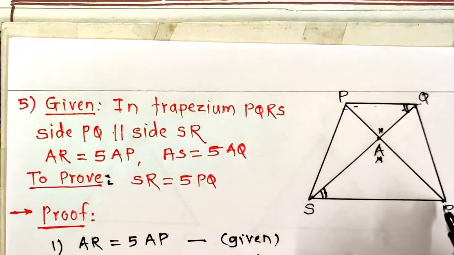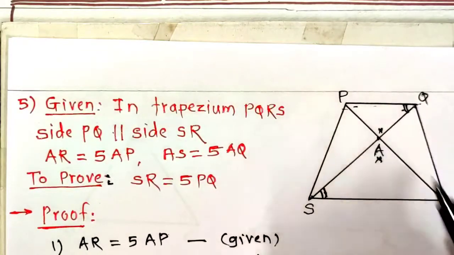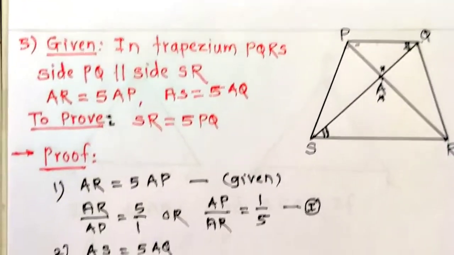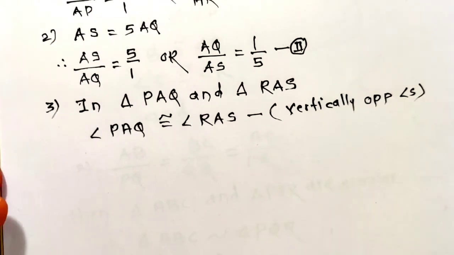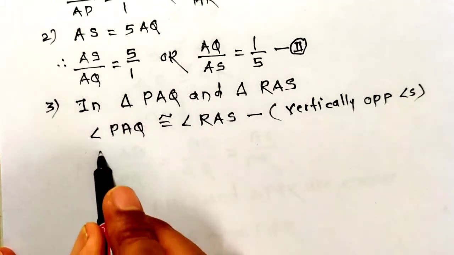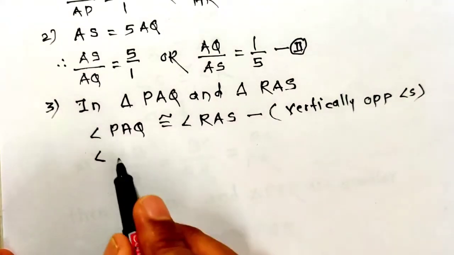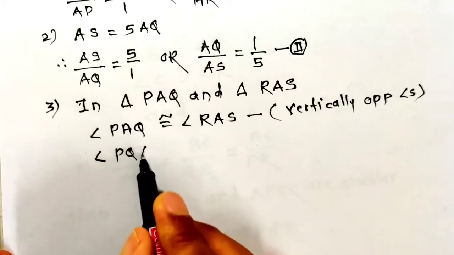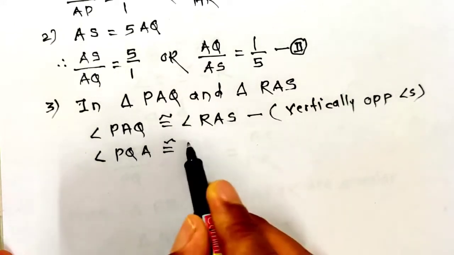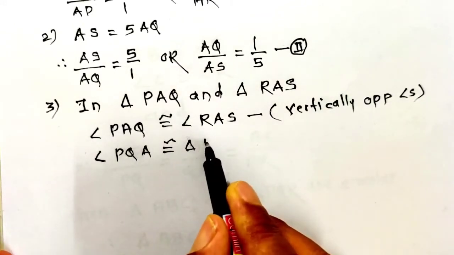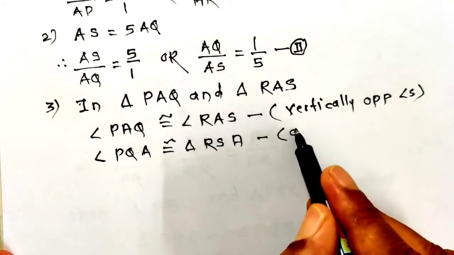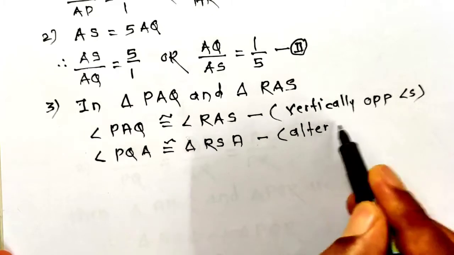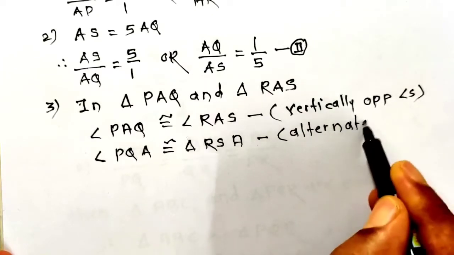Now second pair, angle PQA and RSA. This is the pair of alternate angles because these two sides are parallel. Angle PQA congruent angle RSA, reason alternate angles.